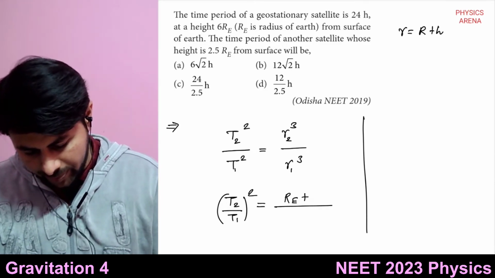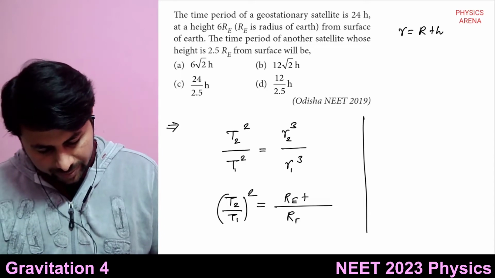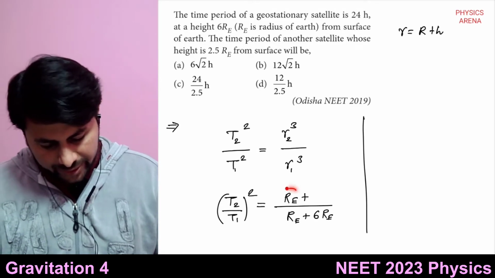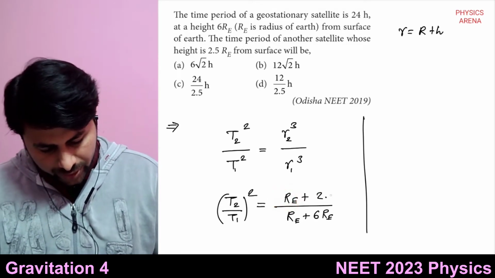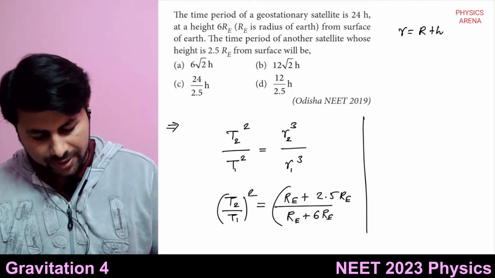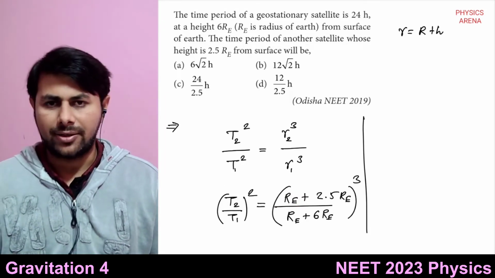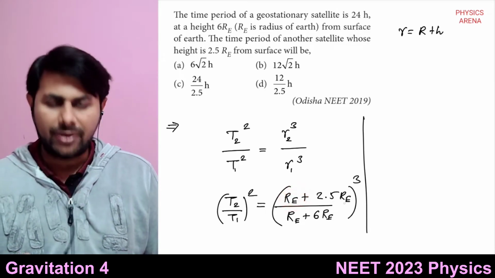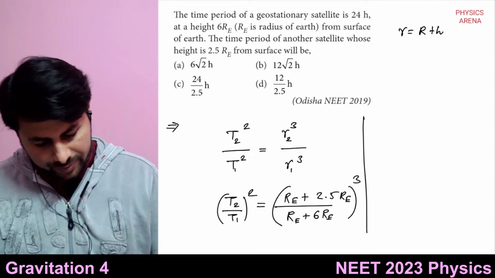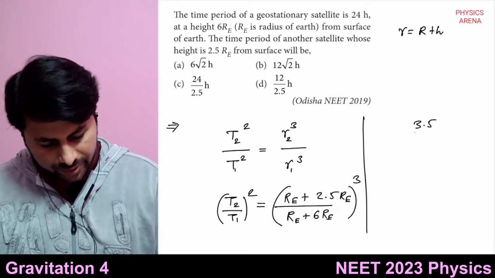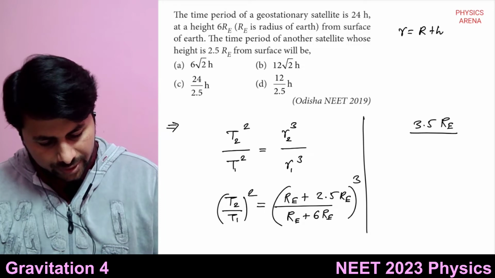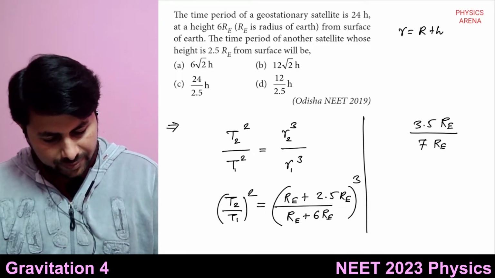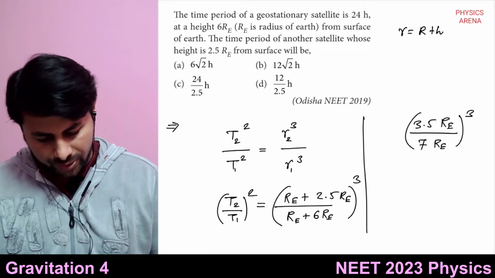Okay. Radius of the first one is RE plus 6 RE, and radius of the second one is RE plus 2.5 times RE, and you have the cube of that. So RE plus 2.5 RE is 3.5 RE, and in the denominator you have 6 plus 1 RE, that is 7 RE, and then you have the cube of that.